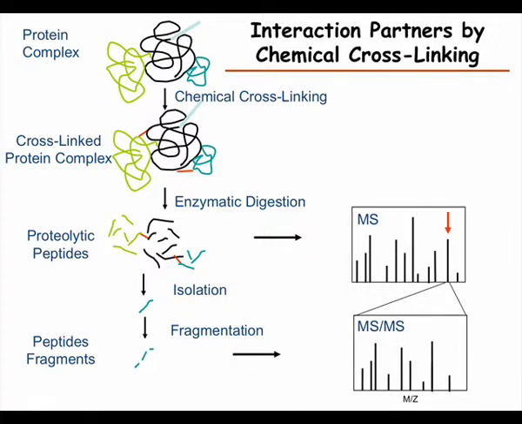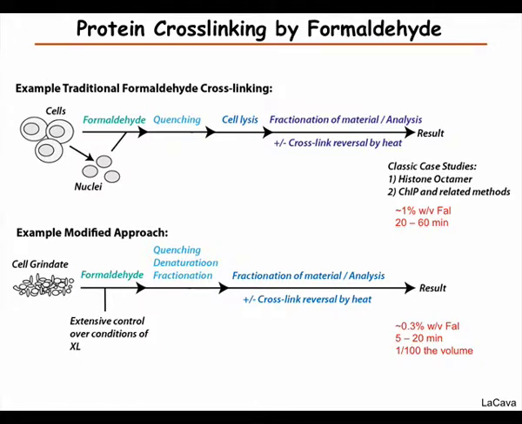Since we're not interested in exactly which peptides are cross-linked, we can use something like formaldehyde that can cross-link quite a lot of different amino acids together. But we do it just very lightly.